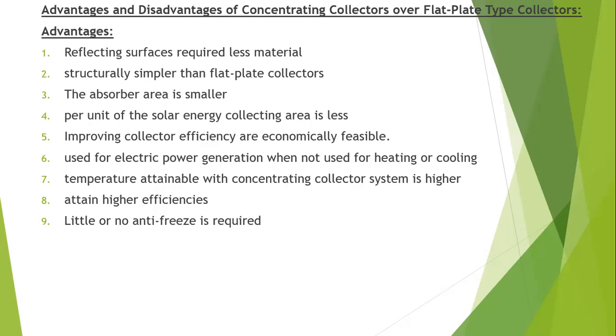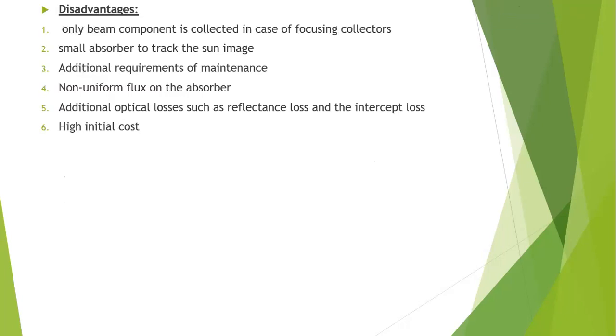So these are the advantages of concentrating collectors over flat plate collectors, and on the other side we have some disadvantages also, which we will see. Coming to the disadvantages of solar concentrating collectors over flat plate collectors, the flat plate collectors become more efficient in some respects.